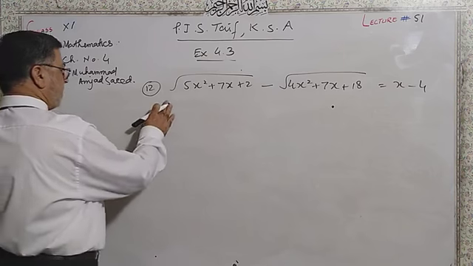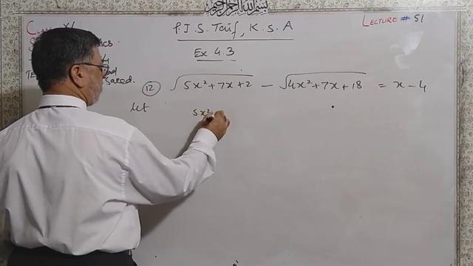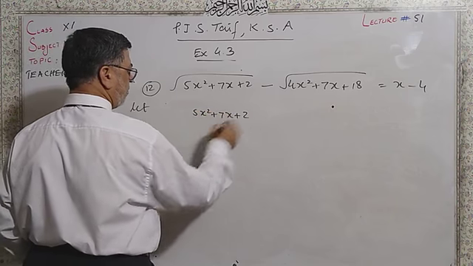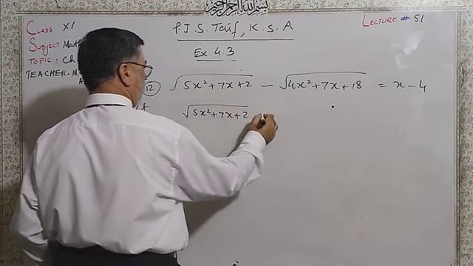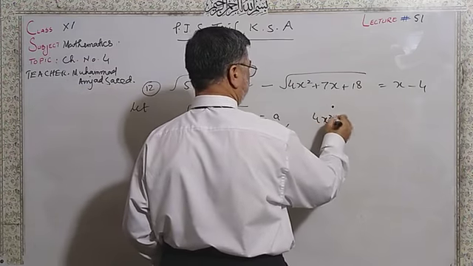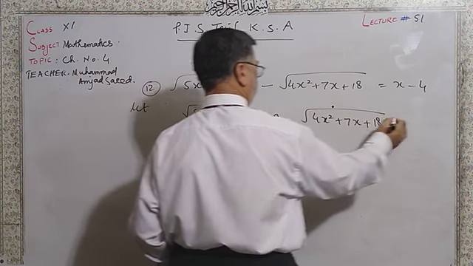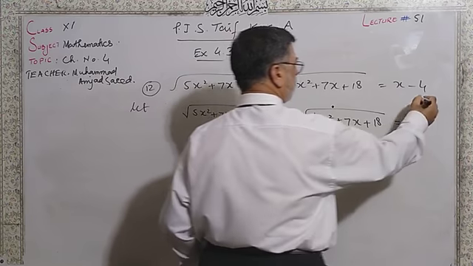Here we will simplify them. Let the square root of 5x square plus 7x plus 2 be equal to a, and the square root of 4x square plus 7x plus 18 be equal to b.